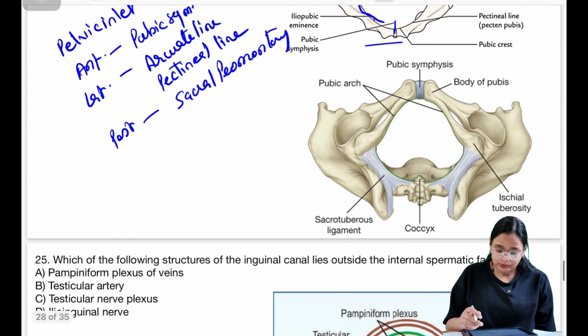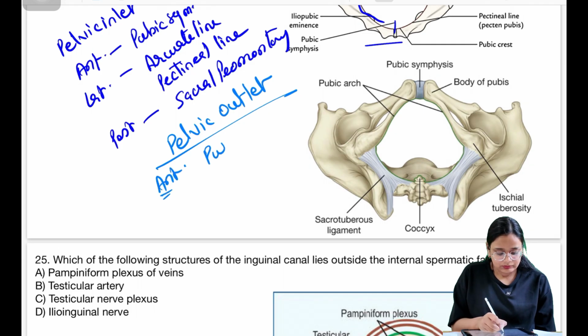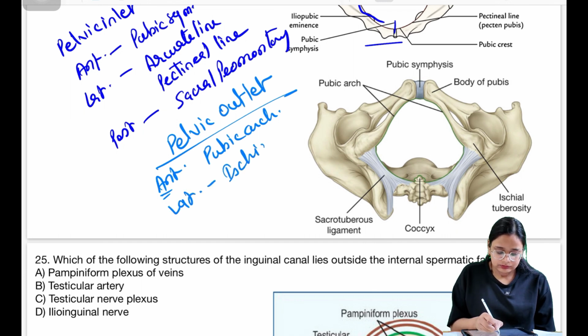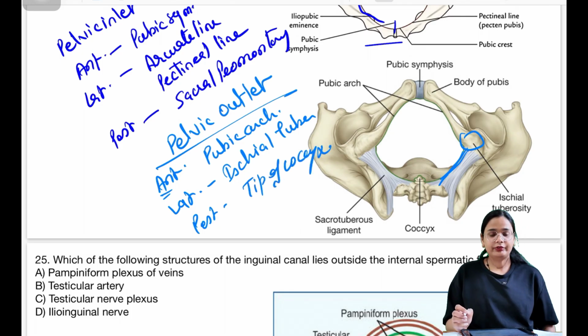Ischial tuberosity forms the boundary of the pelvic outlet: anteriorly the pubic arch, the arch part of the pubis, laterally the ischial tuberosity and the inferior part of the sacrotuberous ligament, and posteriorly the tip of the coccyx. They are forming the boundaries of the pelvic outlet.